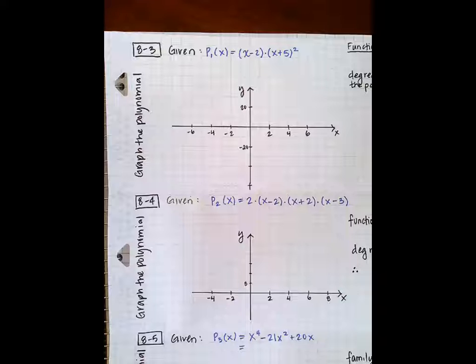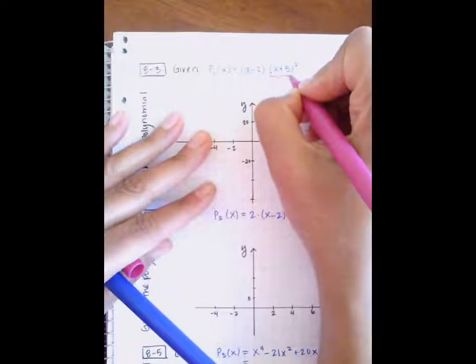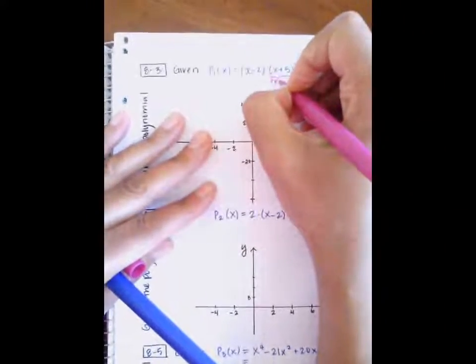So the first polynomial graph is P1 of x equals the quantity x minus 2 times the quantity x plus 5 squared. So I see a repeated linear factor here.